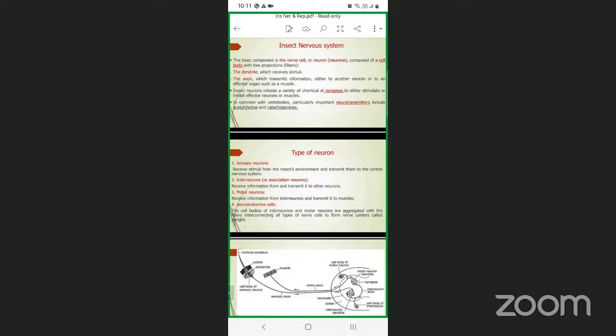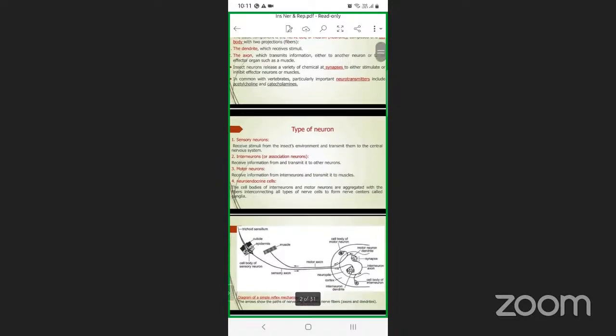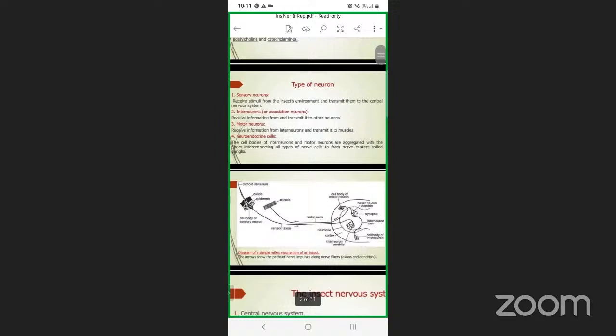So here the main thing we observe is the transmission pathway of nerve impulses, with nerve fibers going from the axons to the dendrites.